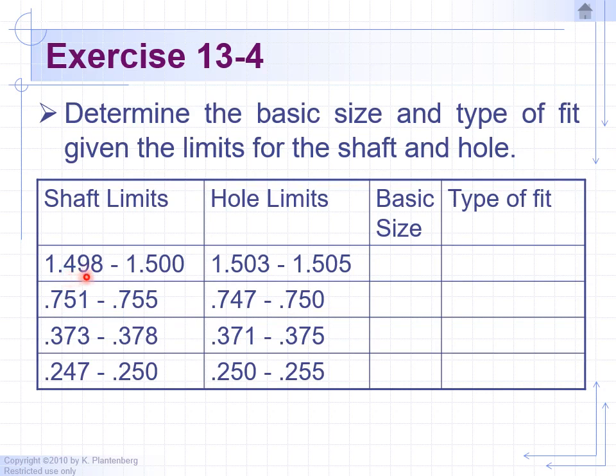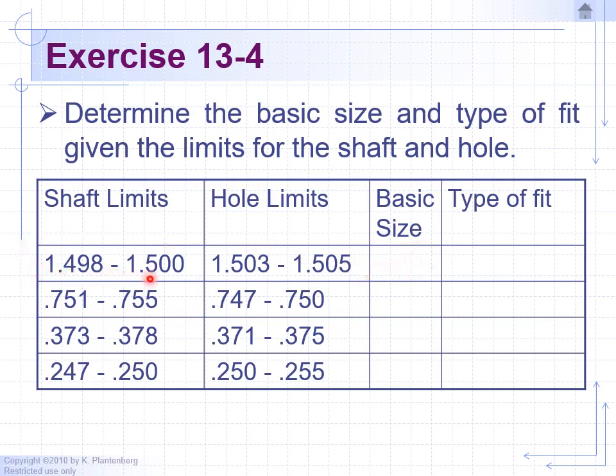So 1.498 is the minimum diameter. 1.500 is the max, and anything in between is acceptable. And this shaft is to be inserted into a hole with a minimum diameter of 1.503 up to 1.505 for our maximum diameter.